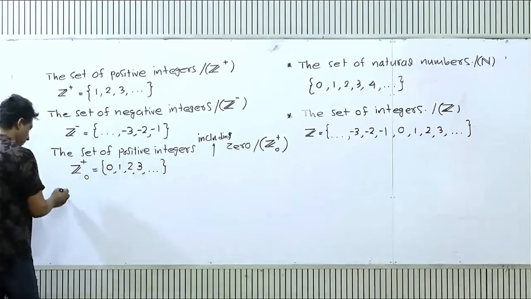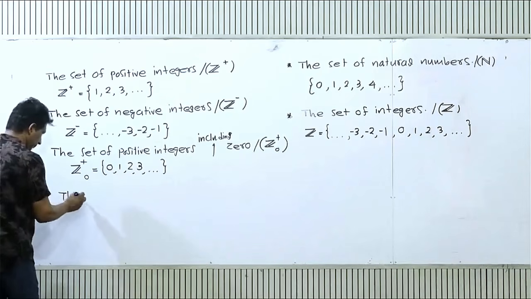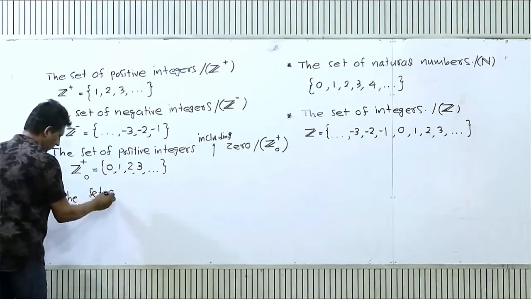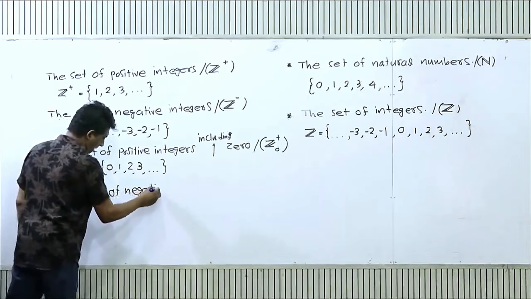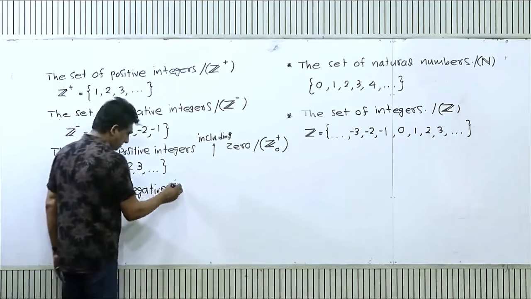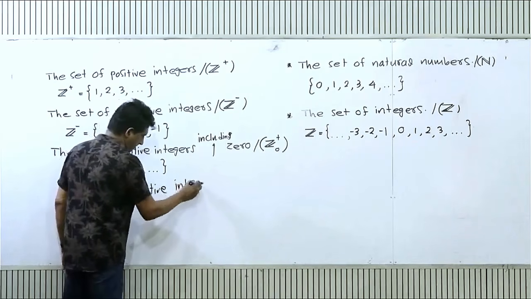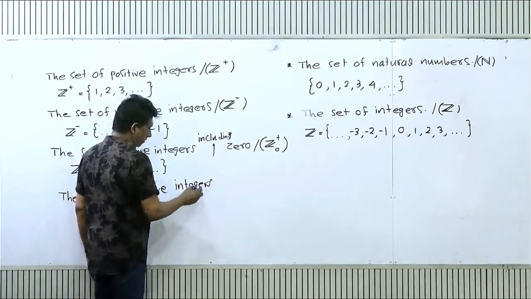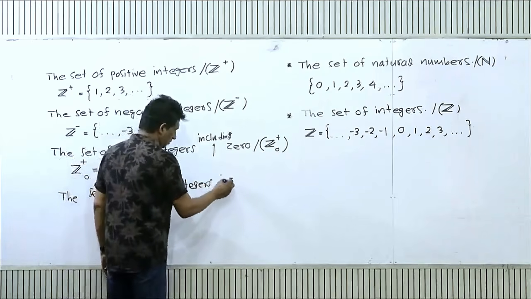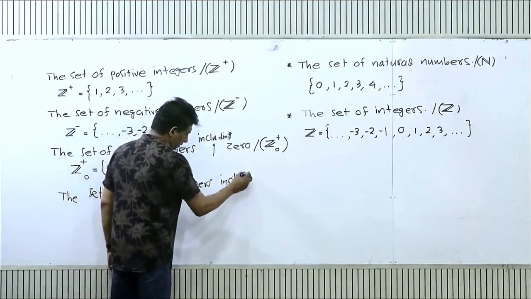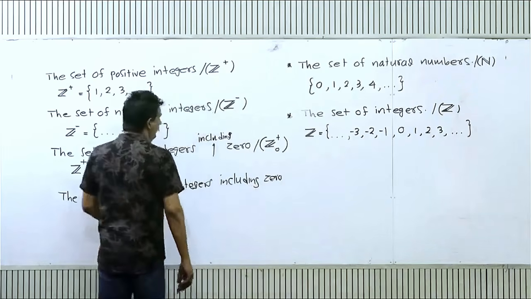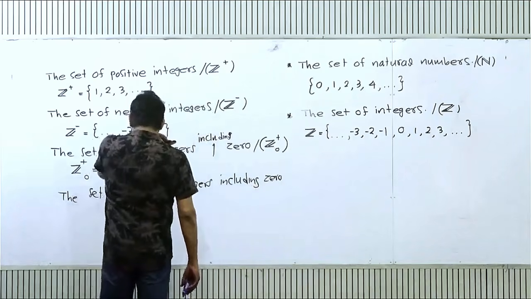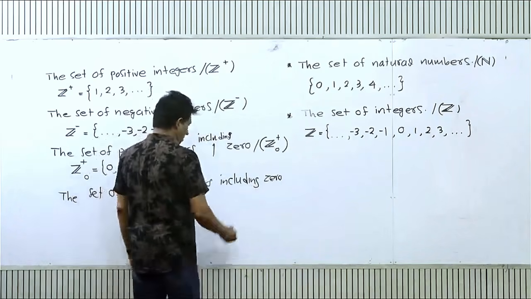Then fourth one, the set of negative integers including 0.